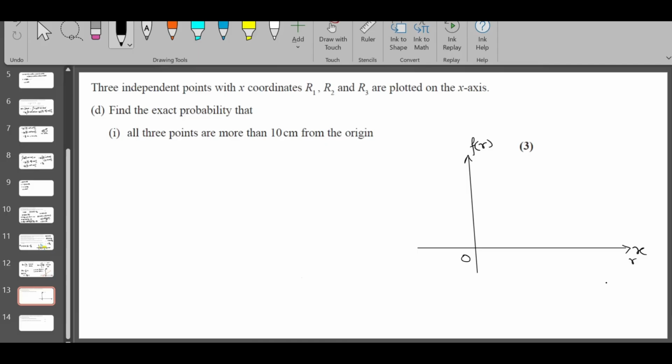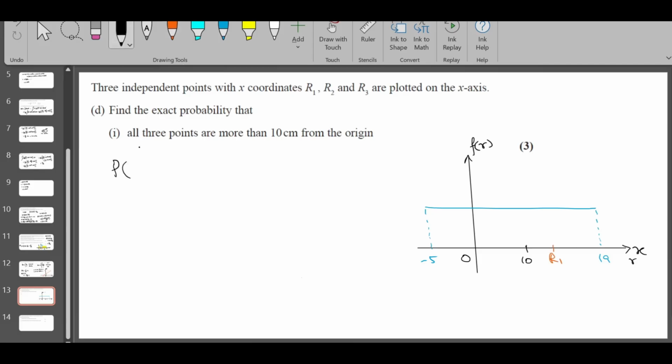Find the exact probability that all 3 points are more than 10 centimeters from the origin. This is 10 centimeters. The function is this, from minus 5 to 19. So now all 3 points are more than 10, so that means each point should be between 10 and 19.